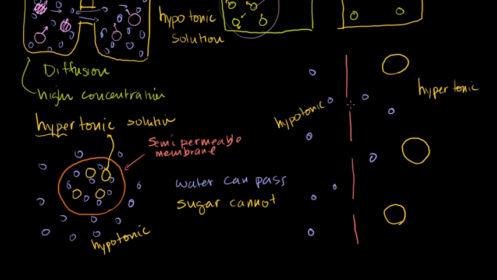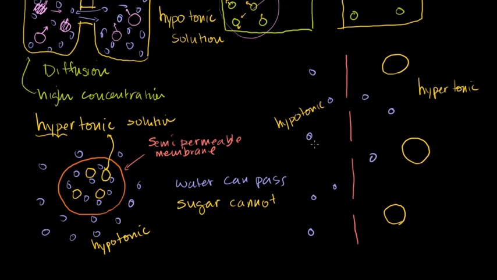Now, if these openings were big enough, based on what we just talked about, these guys are bouncing around. Water is traveling in either direction with equal probability, which I'm going to talk about in a second. If everything was wide open, it would be equal probability. These guys eventually would bounce their way over to this side, and you would probably end up with equal concentrations eventually.